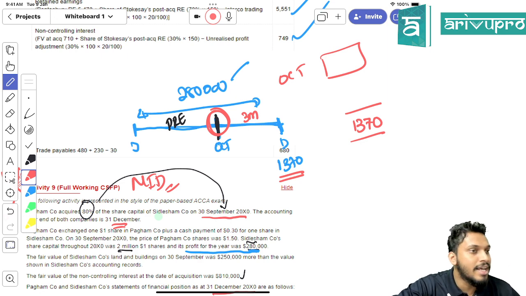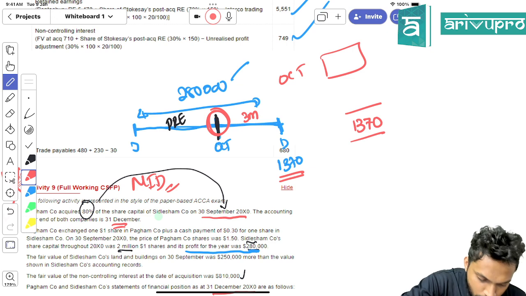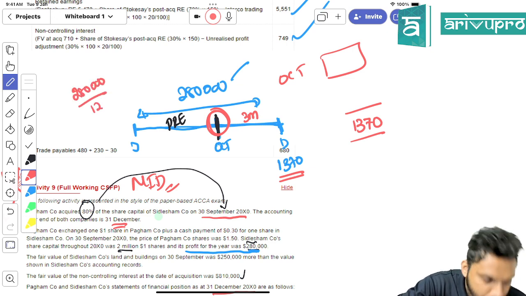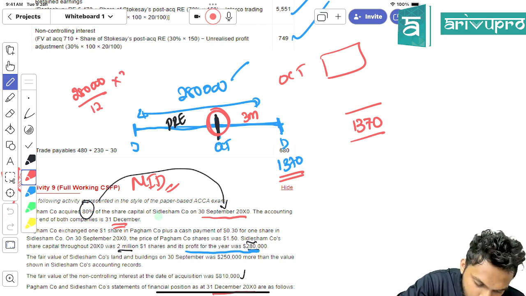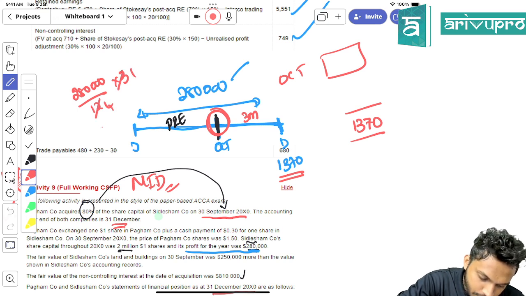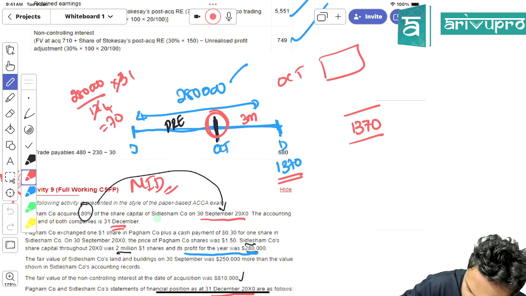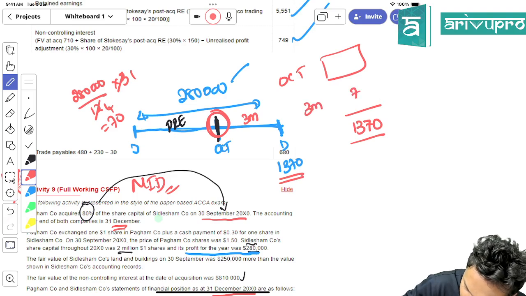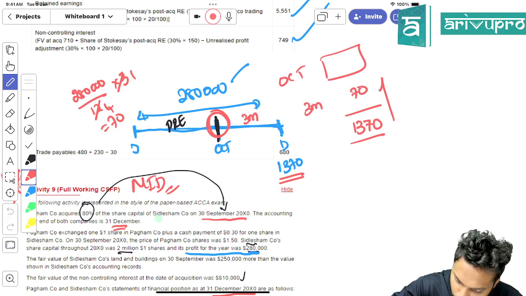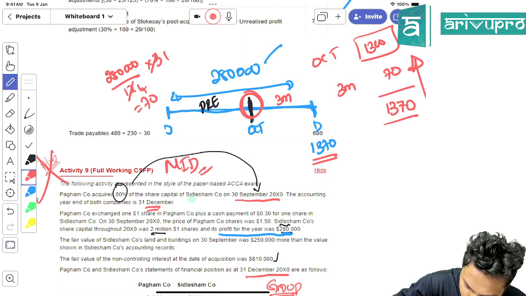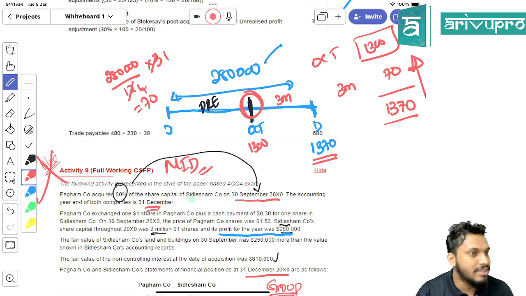October to December, there are 3 months. So from 280,000, where this profit is for 12 months, I need to take 3 months. So the profit for the period is going to be 70,000. When you go backwards, positive figures need to be deducted. So this will be 1,300. As of this period, my profit is going to be 1,300.